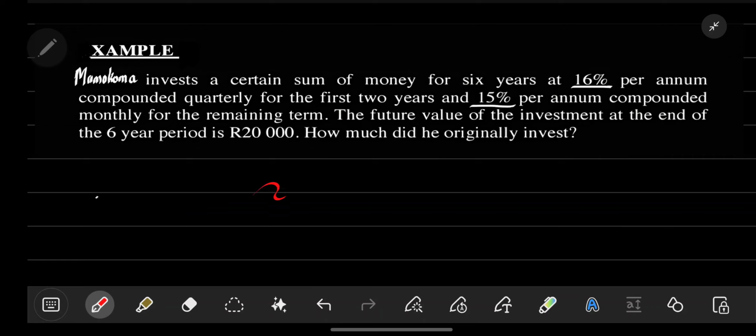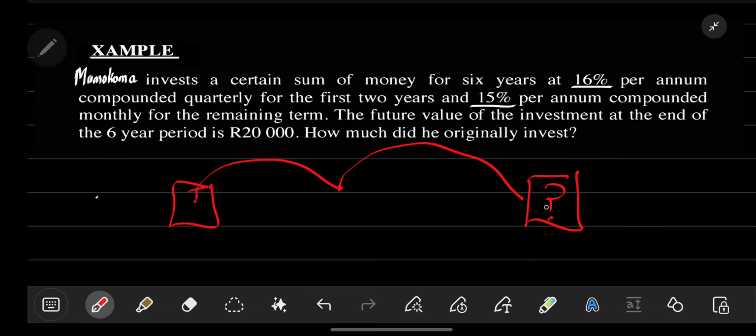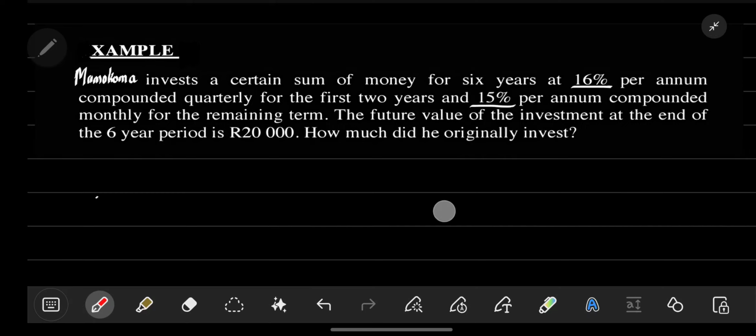So we were moving from here and going that side, determining the future amount of money that we will have if we invest a certain amount of money. But now the only difference is that we want to know how much he originally invested.